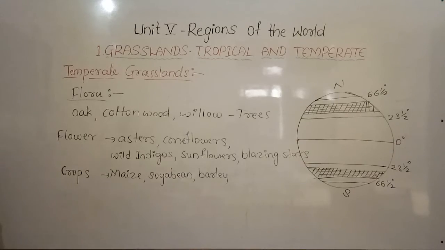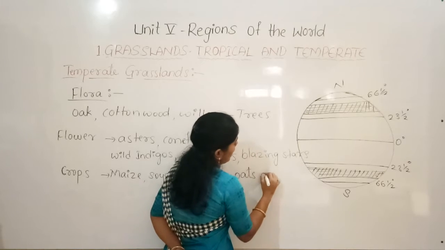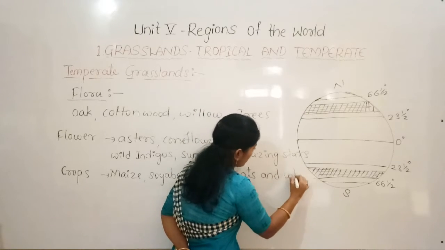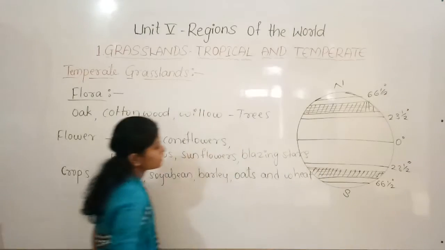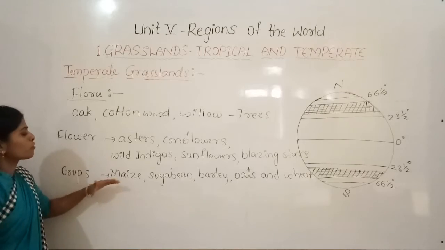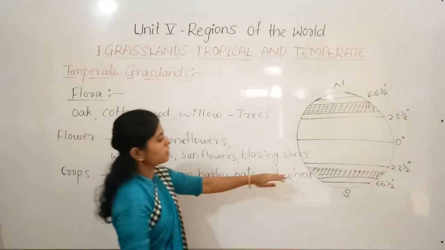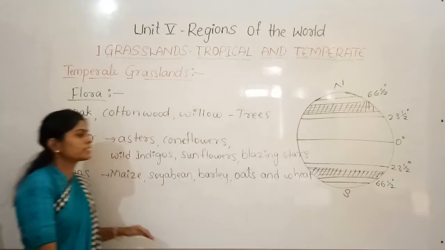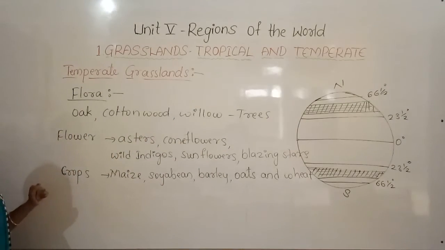The oats and wheat. And in some places the corn is also growing. So these are some of the crops which we can grow in the temperate grasslands. So maize, soybean, barley, oats and wheat. These are some crops which we can grow in the temperate grasslands.